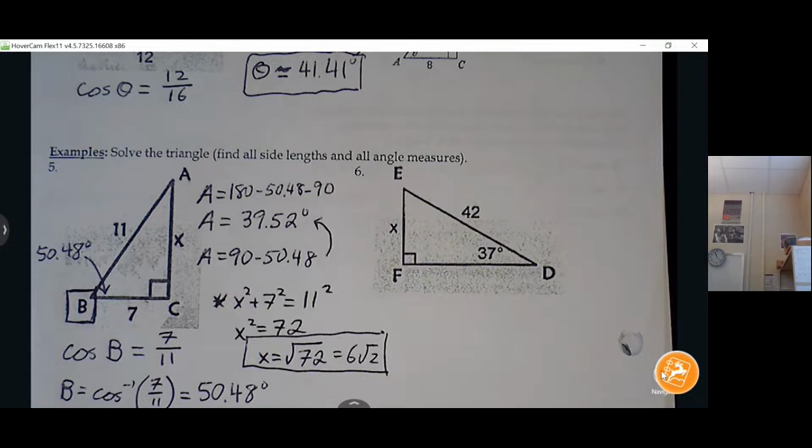So here, we can't start off with the sides because we have too many missing sides. We have to rely on sine to get to the side. Yes, so sine 37.